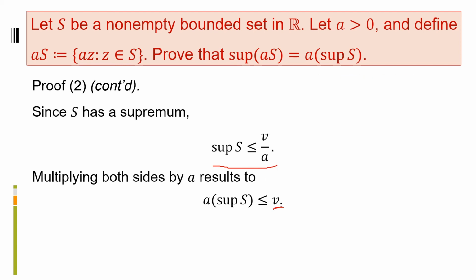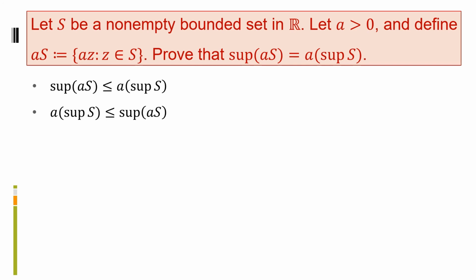So, since V is an upper bound of AS, pwede natin siyang palitan ng supremum of AS. Kasi nga, V can be the supremum since it is an upper bound. Therefore, A times the supremum of S is less than or equal to the supremum of AS.